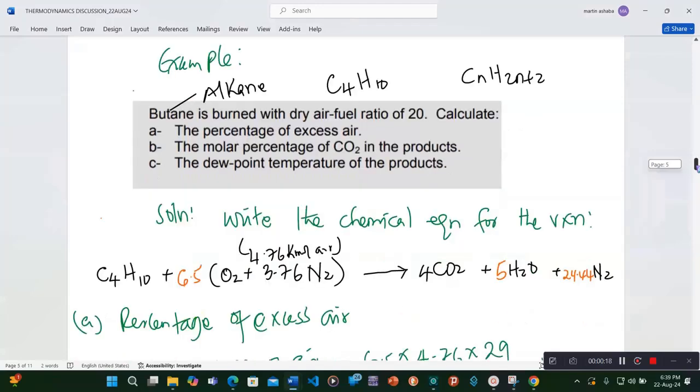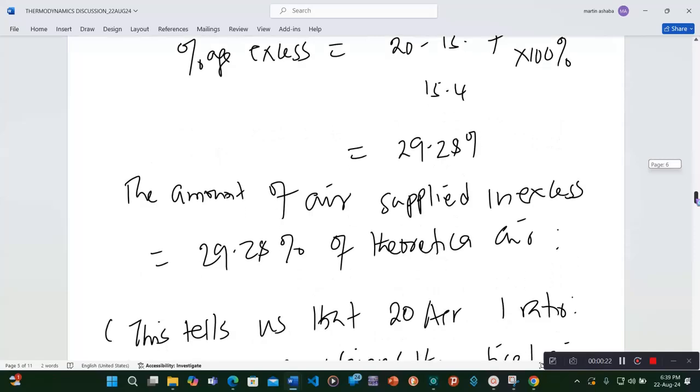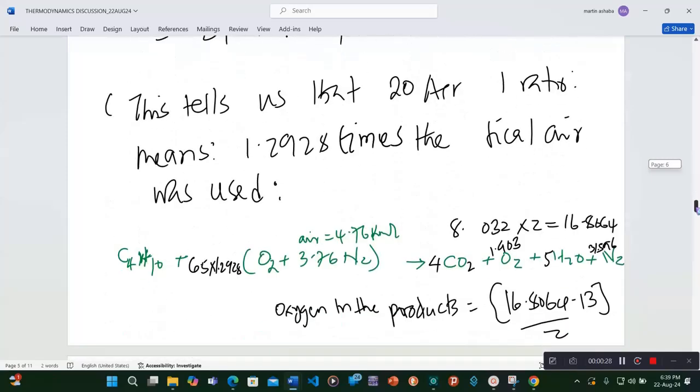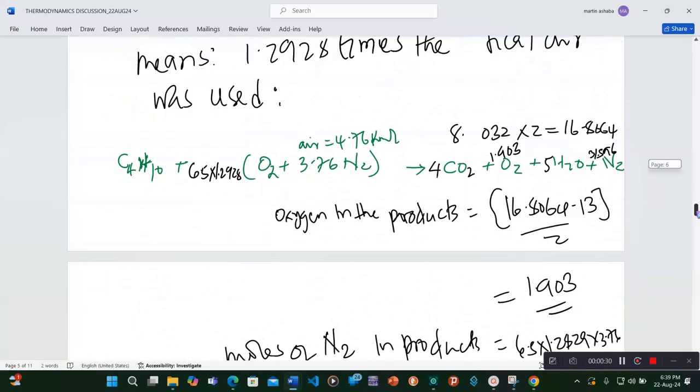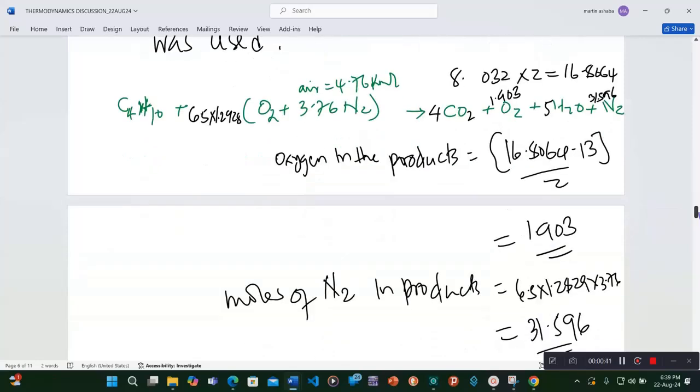We have already done the percentage of excess air, and we found out that it was 29.28%. Now, we need to rewrite the equation for the reaction for us to be able to determine the percentage of carbon dioxide in the products.